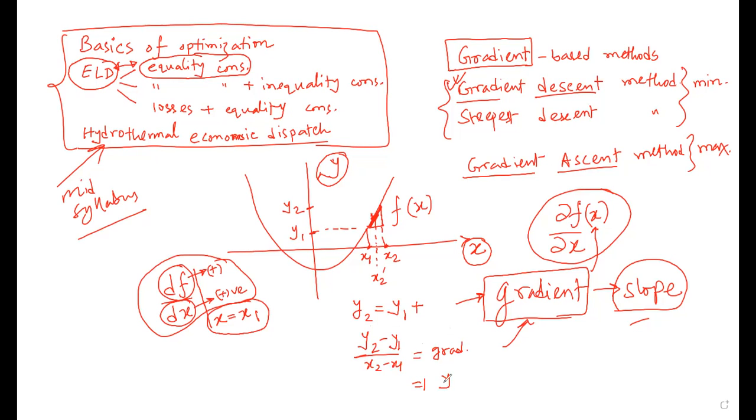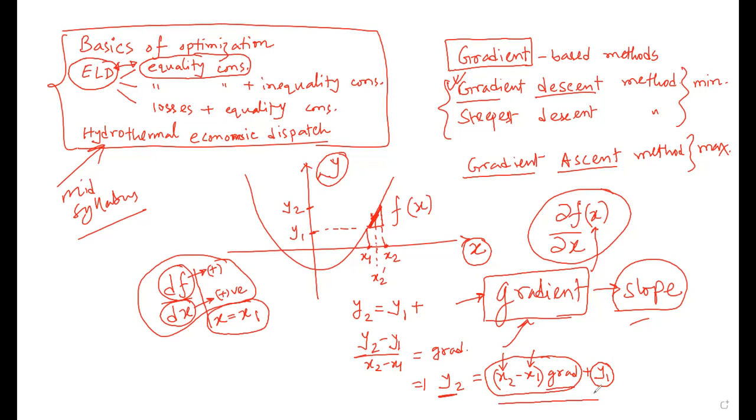So simply I can calculate y2 equals x2 minus x1 into the gradient plus y1. Okay. Yes, sir. So in that manner, knowing the value of y1 as well as the gradient itself and the values of x2 and x1, we can easily calculate the next value of my output variable y.